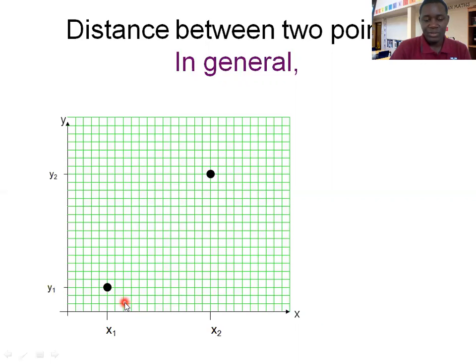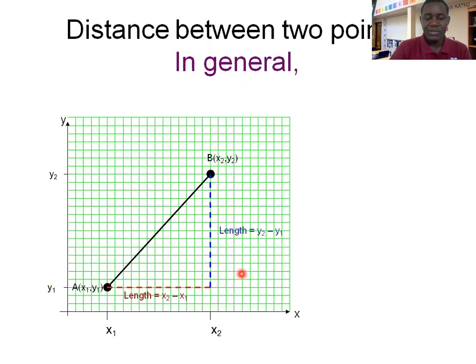So assuming we have a point A (x1, y1) and another point B (x2, y2), we can find the distance between the two points A and B. We have the length on this side of the triangle we are trying to form as x2 minus x1, while the length of the vertical side of the right-angled triangle is y2 minus y1.